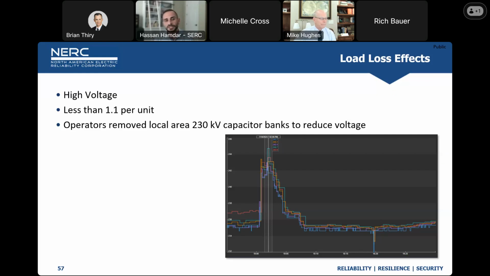But it was below the 10% or 1.1 per unit. 10%, as we all know in system operations, is allowed during emergencies, and in this case you could consider it an emergency. Operators did act to remove a 230 kV capacitor bank and that helped reduce voltage and got them back on schedule. Rich will take over and we'll run through the analysis.